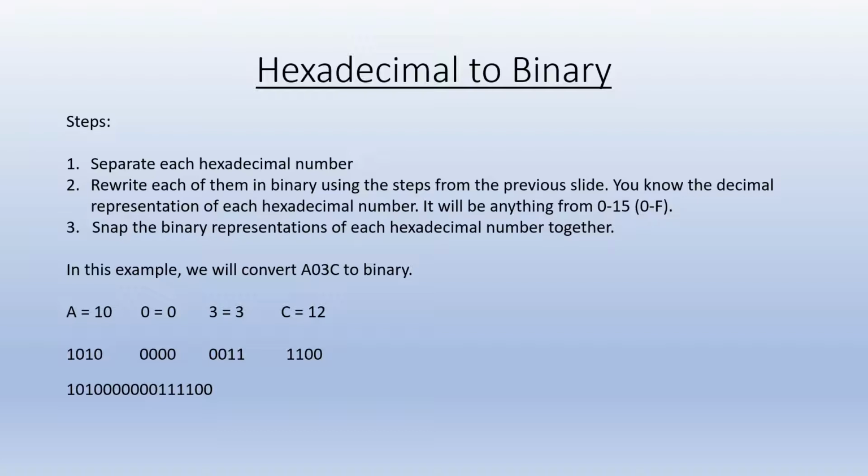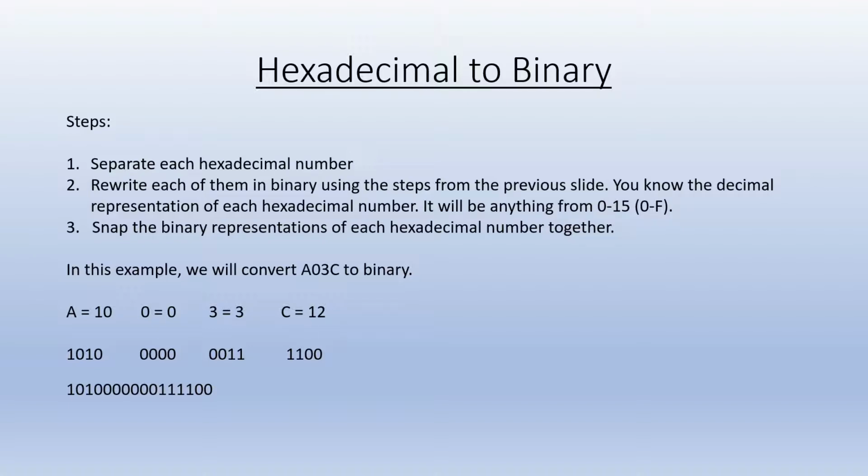And just to make a point, it's not ever going to be anything too bad because the max value you're going to be dealing with in binary is 15, which is represented by 4 bits set to all ones. So you're not going to have to do any extreme calculations. You'll just have to get used to figuring out the binary representations of the numbers 0 to 15.